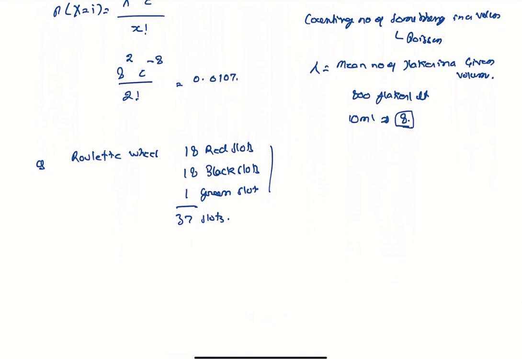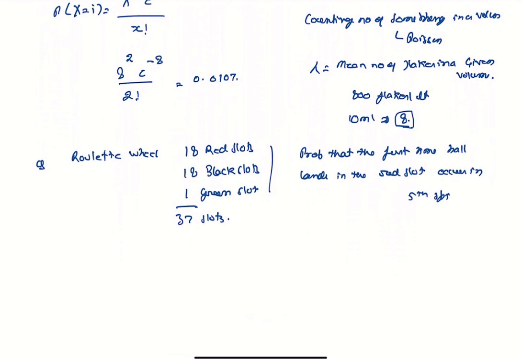What is the probability that the first time the ball lands in the red slot occurs on the 5th spin?